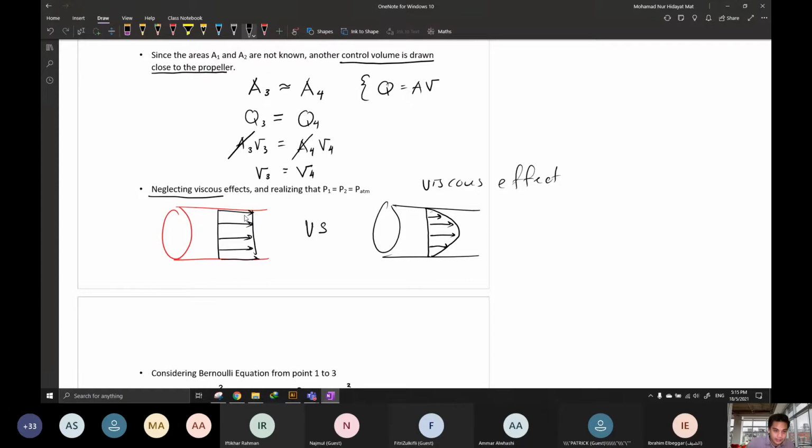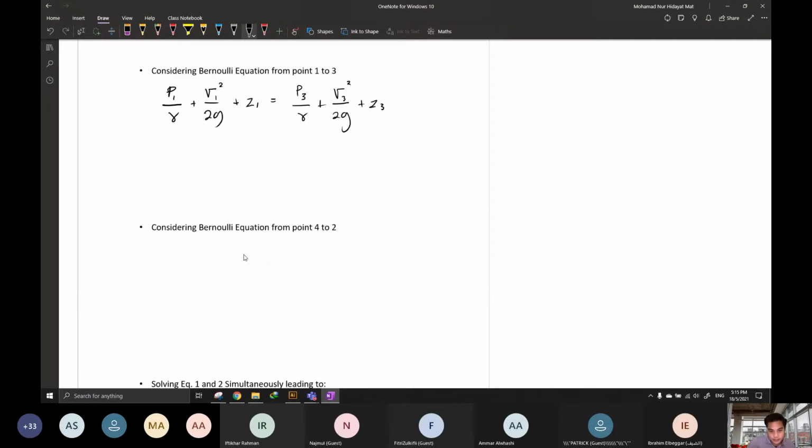So because of this, we know that Z1 is equal to Z3. We can cancel out Z3 and Z1 and rearrange the equation.